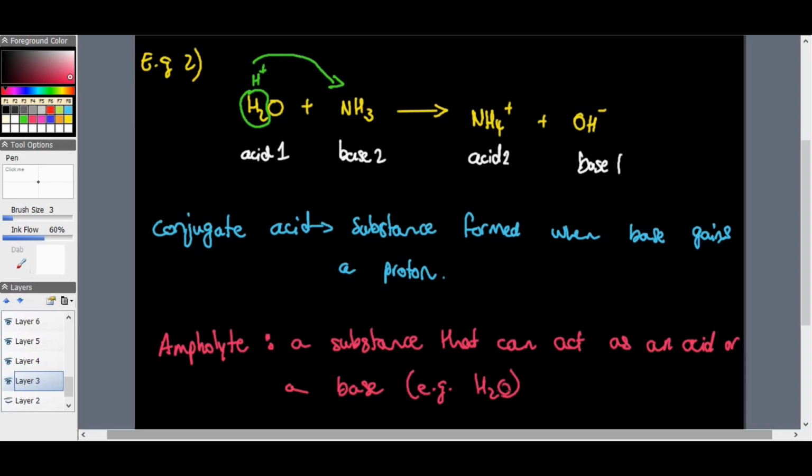It can act either as a base, or it can act as an acid, as we've seen in both equations. In the second reaction, water acted as an acid because our base was ammonia. In the first one, water acted as a base because we already had HCl as our acid.